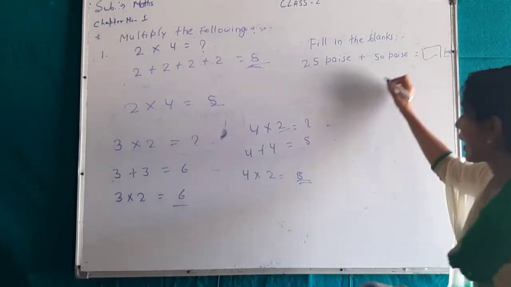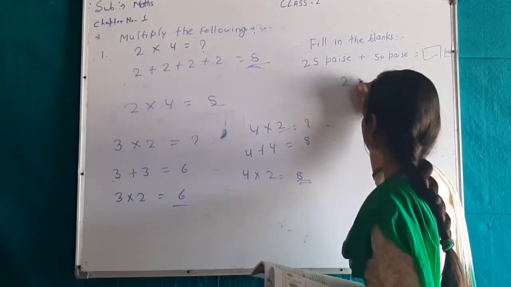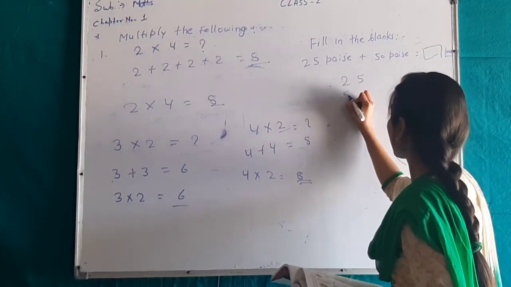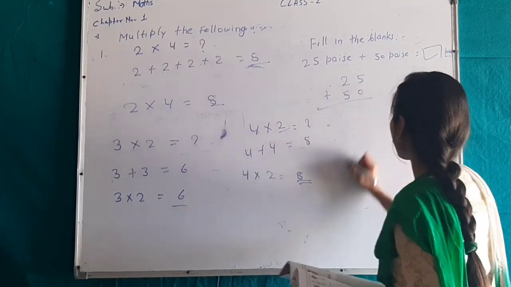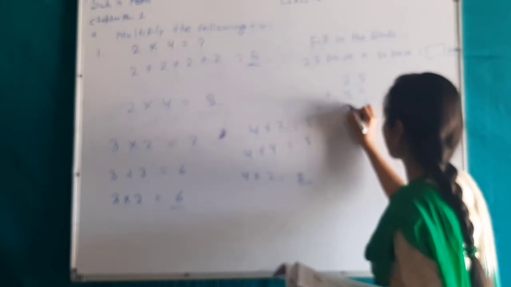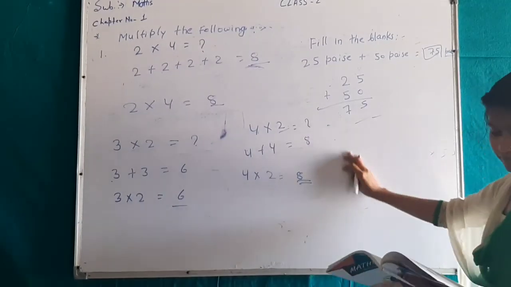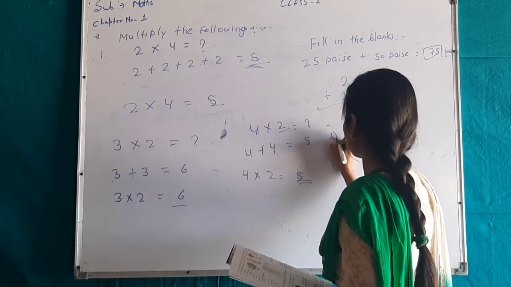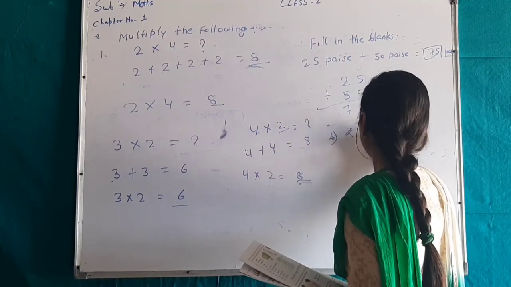We have to add it. We can write it in this way, 25 and 50, and we can add it. 5 plus 0 equal to 5, 2 plus 5 equal to 7. We get 75 paise.